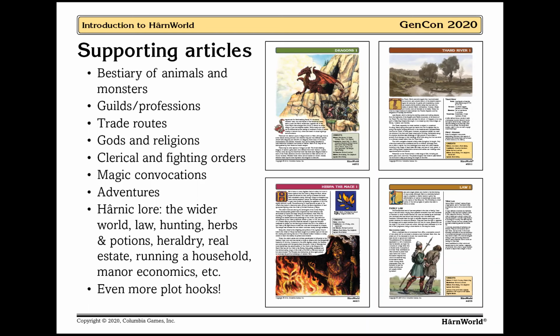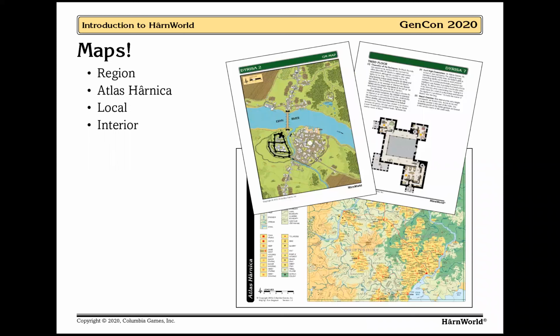And the maps, there's tons of maps. From the region map, now, for being here today, you'll get the PDF of the Harn region map, which is the island as a whole. And then there are these Atlas Harnica maps, which are the squares.